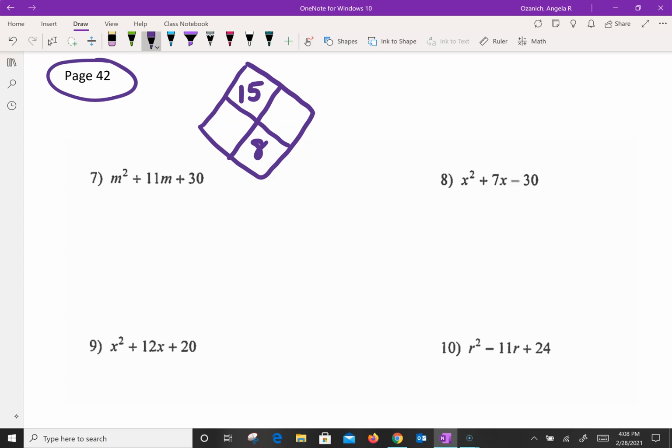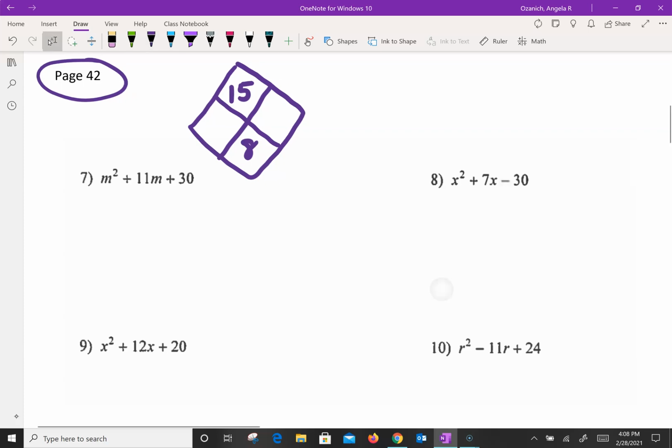And what we were practicing kind of over and over again with positive and negative integers is figuring out how we can get two numbers to multiply to be this top value, and how we could get those same two numbers to add to be this bottom value.